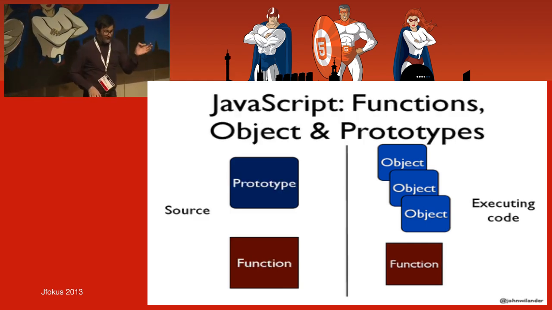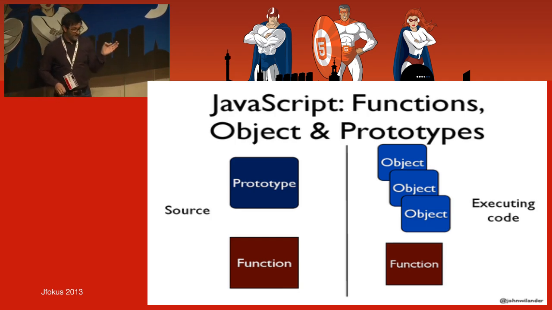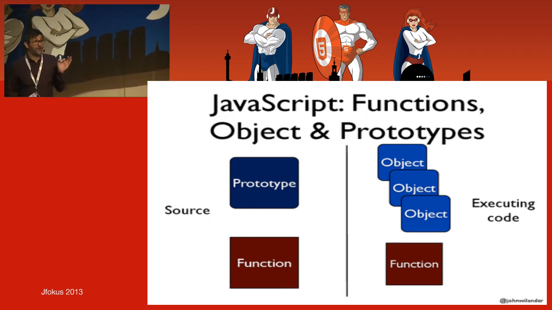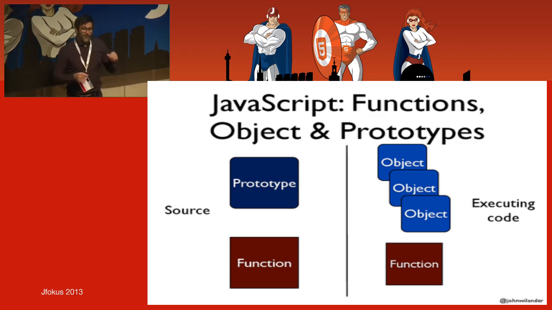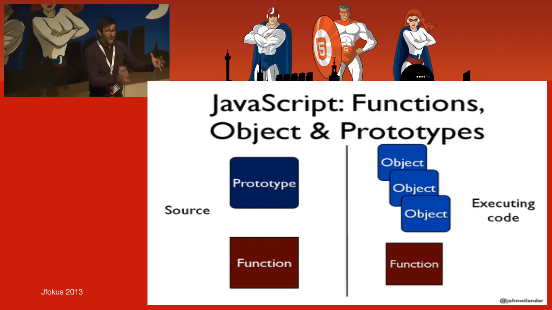In the JavaScript case, you still have some method of inheritance, and it's done through something called prototyping. So every object has a prototype, and you can extend the prototype. But as I mentioned earlier, functions are standalone. You can have functions on their own.